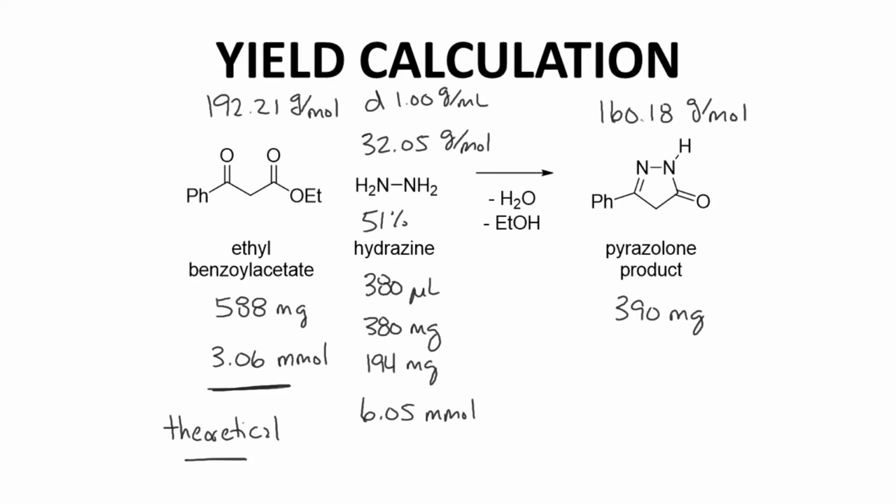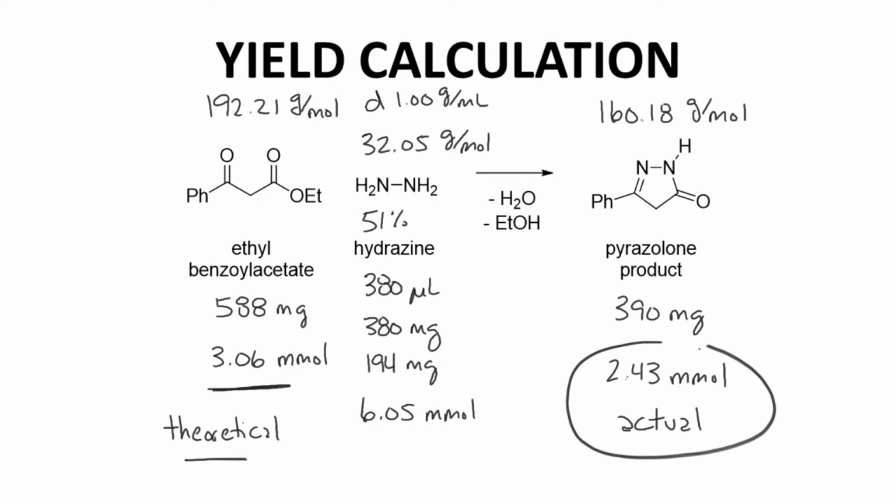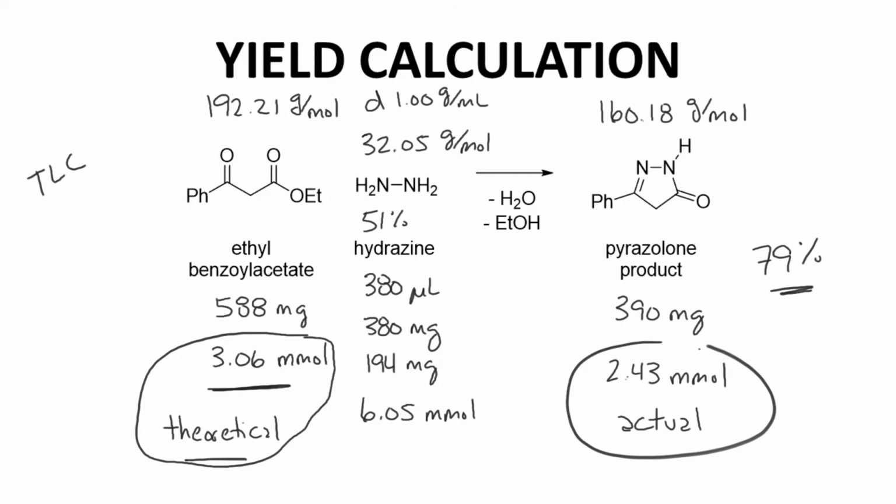That means our actual yield was 2.43 millimoles. Actual over theoretical times 100 gives us a 79% yield. In addition to a high yield, we have confidence that the product is also fairly pure based on seeing one spot by TLC, a sharp melting range, and essentially no impurities by NMR.